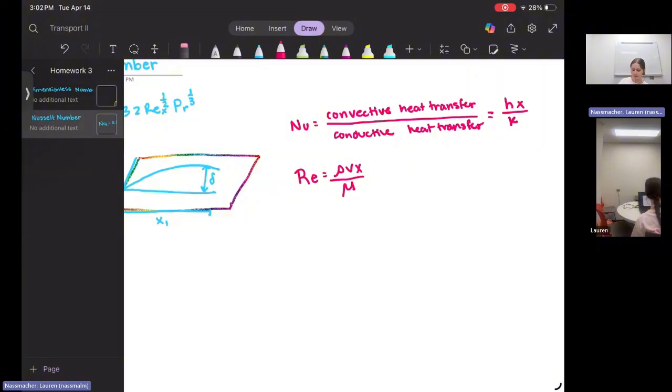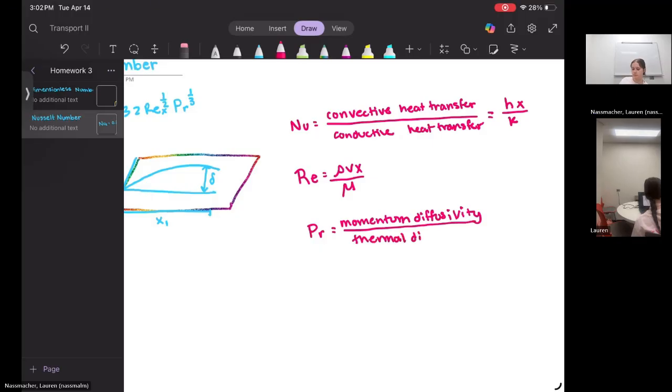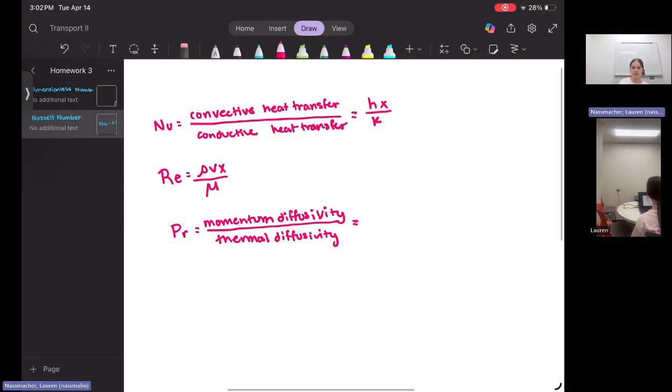viscosity. Finally, our Prandtl number, specifically the relationship between momentum diffusivity and thermal diffusivity. At this point, you should understand that these two are equal to the viscosity divided by the density, over the conductive heat transfer coefficient divided by our heat constant multiplied by our density.